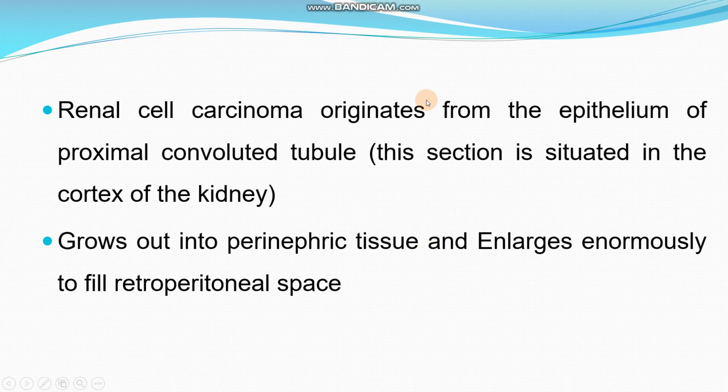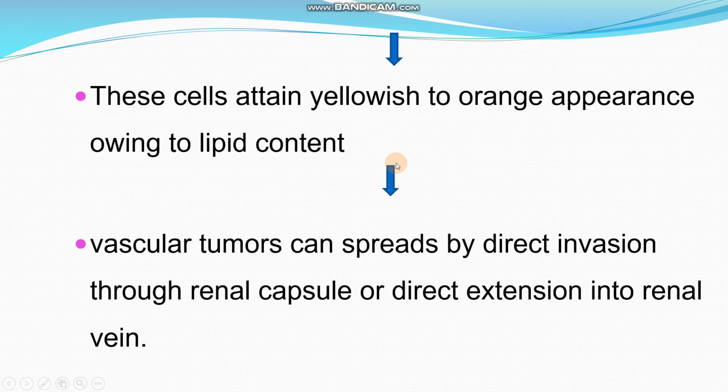When we take it for biopsy and check, most of the cells will have a yellow to orange color because of the high lipid content in the cancer cells. And if the tumors are vascular enough, or have more blood vessels, it can easily spread to adjacent nearby structures. So that is about the pathophysiology.